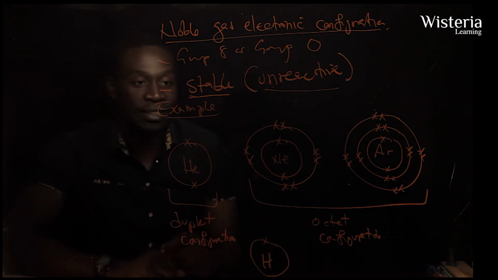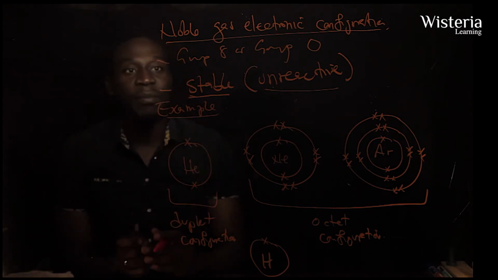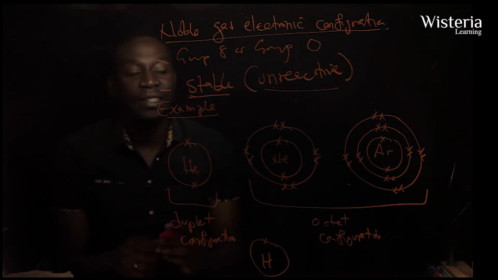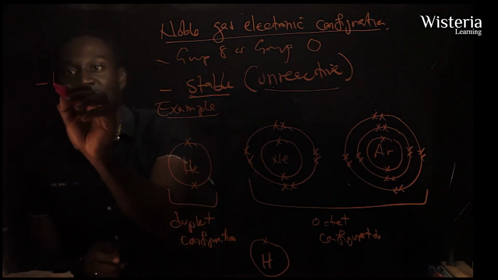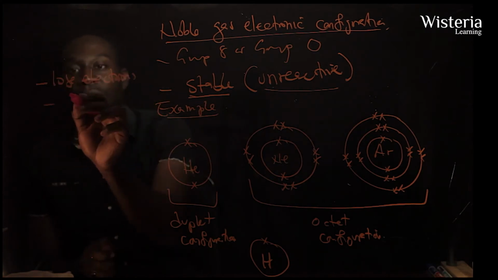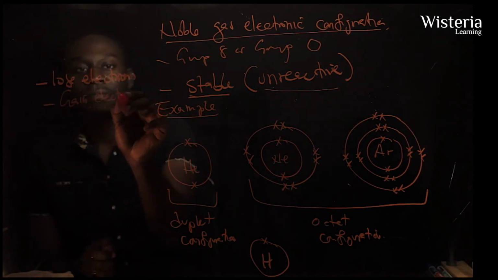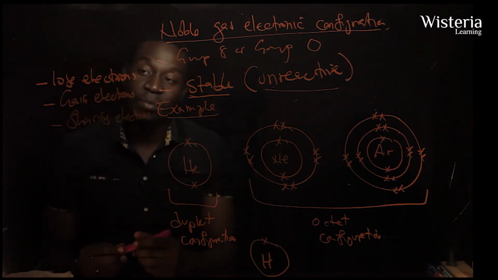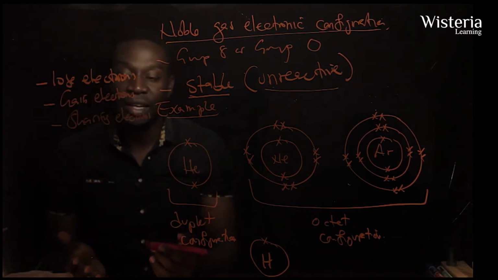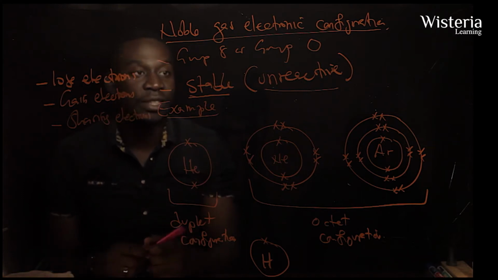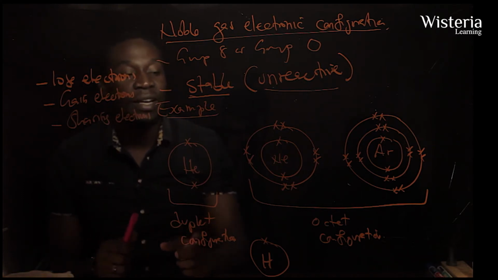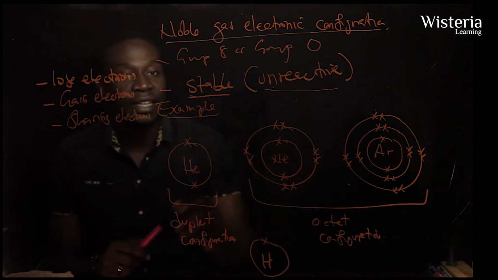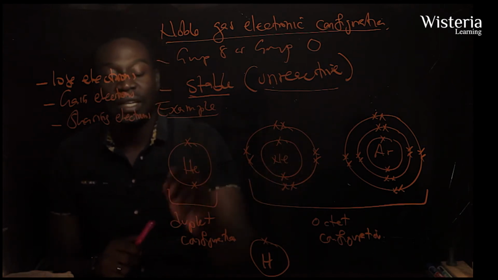Their aim is to have a configuration which has 8 valence electrons or 2 electrons in the outermost shell.